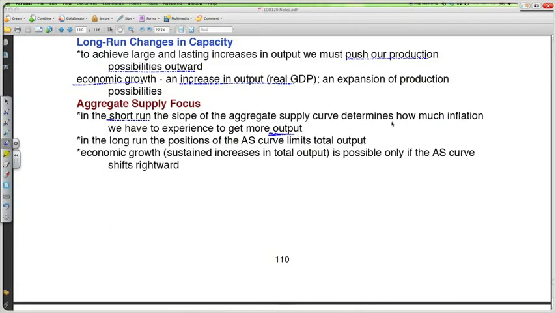It also shows us how much inflation we'll see. Remember, inflation is just an increase in our general level of prices. And the long run here is going to tell us how much our total output is limited by how much growth we can achieve.